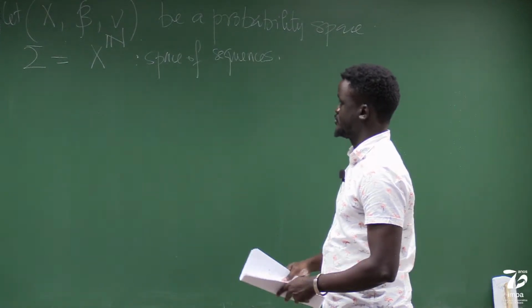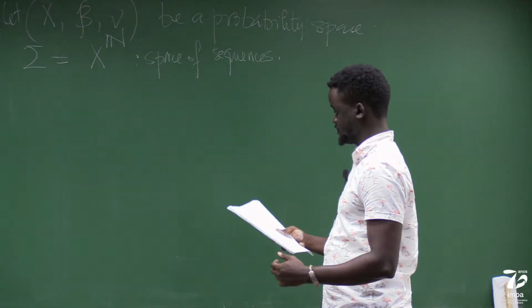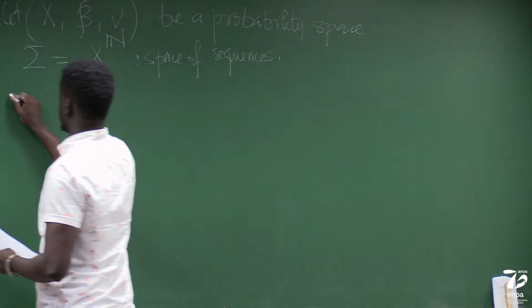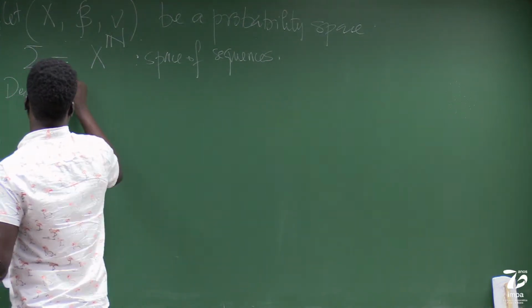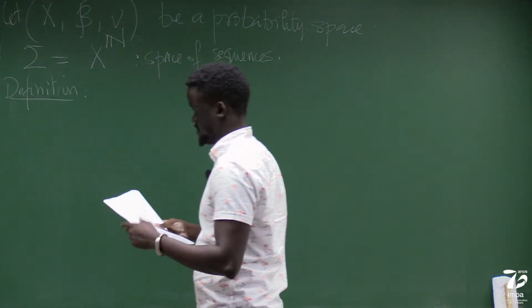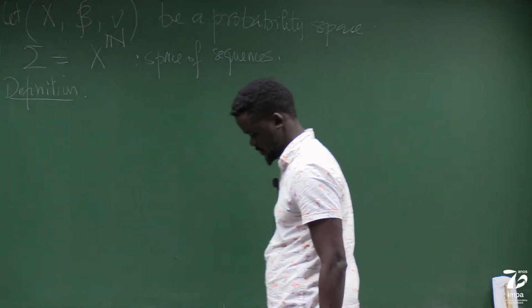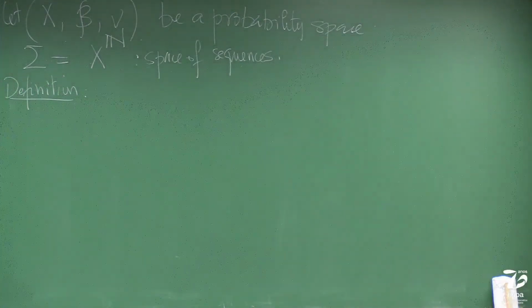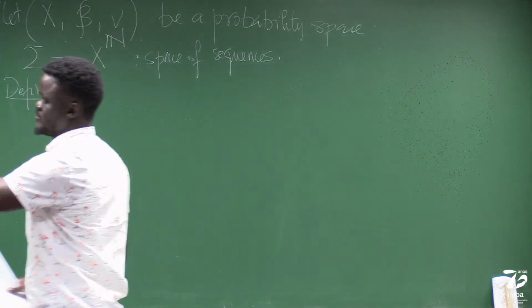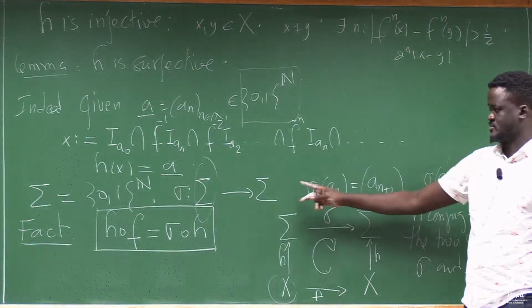So we want to put a sigma algebra or a definition... So we will have a notion of cylinders which plays the same role as open sets or intervals when you are in [0,1]. So we want to see when two sequences are nearby, for instance.